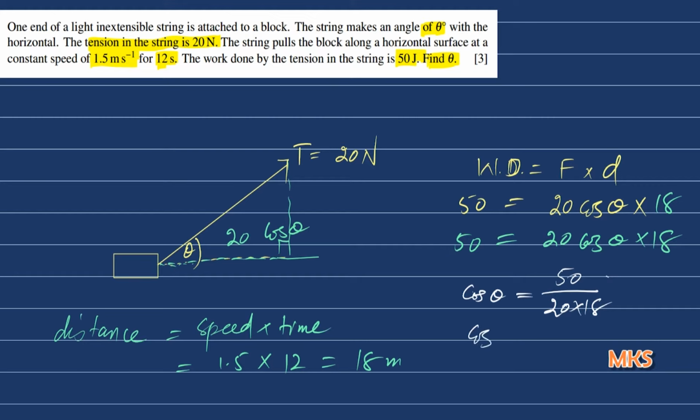So cos theta is equal to 0.13888. So theta will be cos inverse of this, which is 82.016 degrees.